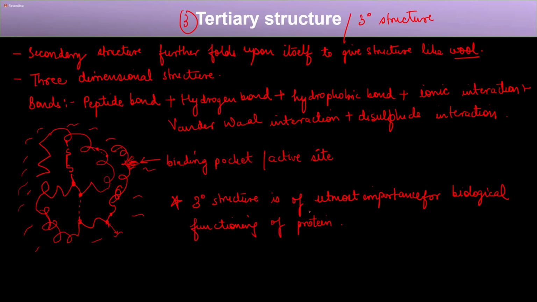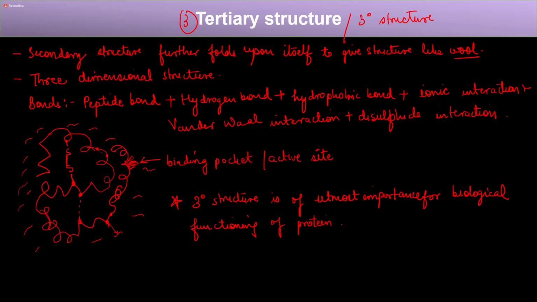It is important because it forms a binding pocket or active site on which the substrate will bind and further biological function will take place, that we will see in detail. But for now, remember that it is very important for the biological functioning of protein.